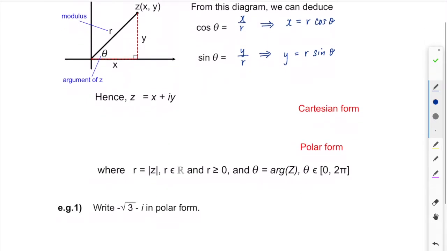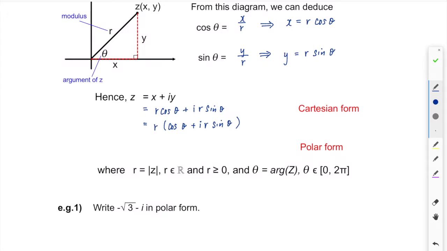As a result of this, z equals x plus iy can be expressed as r cos theta plus i r sine theta. If I factor out r, the modulus of the complex number, I have r times (cos theta plus i sine theta).